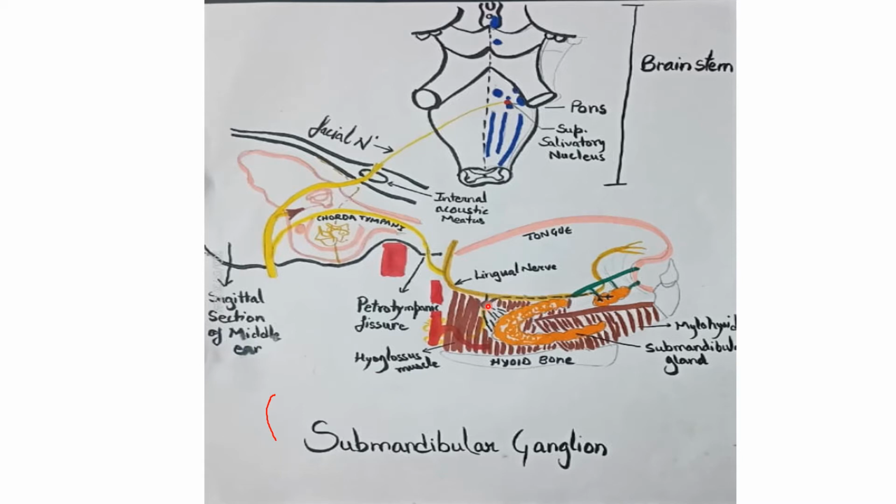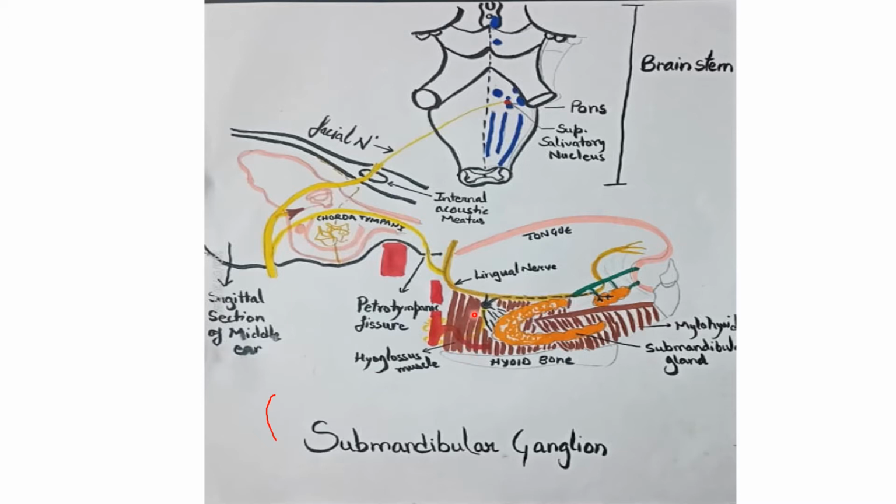Now from this ganglion, the postganglionic fibers arise. These black dotted lines are the postganglionic fibers, supplying the submandibular gland, both deep part and the superficial part. If you see, the submandibular ganglion is resting over this muscle called the hyoglossus, right?